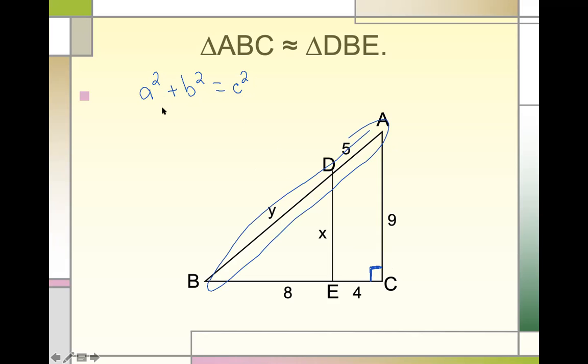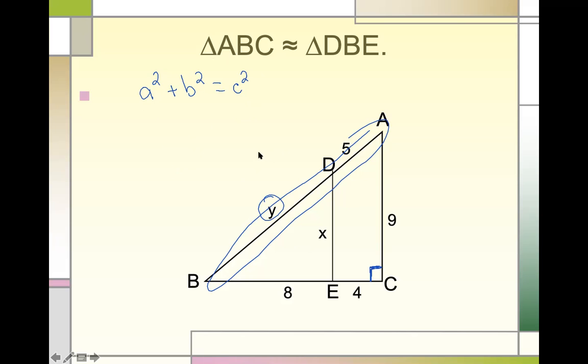The other two, it doesn't matter which you call A and which you call B, but the one leg squared plus the other leg squared is equal to the longest leg squared. So the first thing we need to figure out is the length of this longest leg, because that is going to give us the value for y. So we have to use the Pythagorean theorem first.